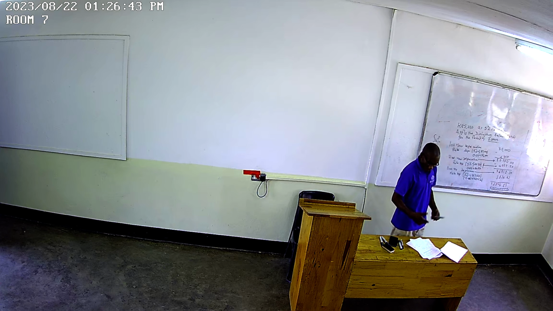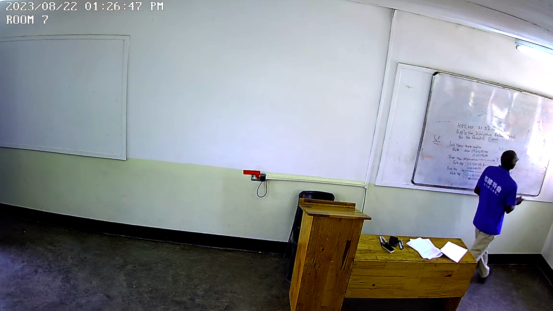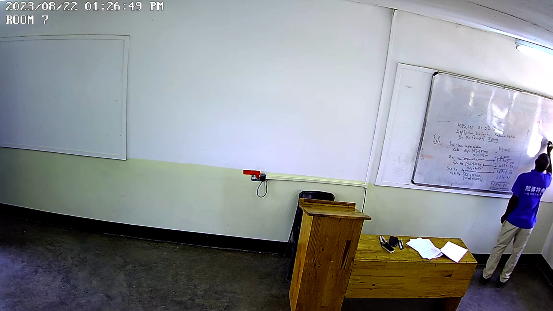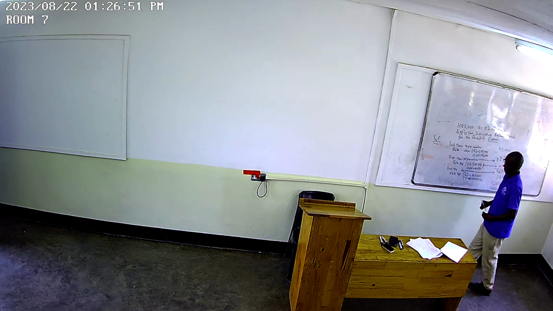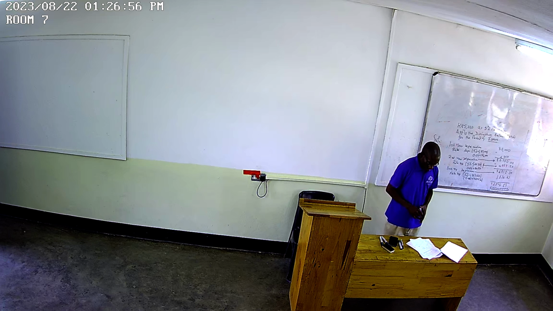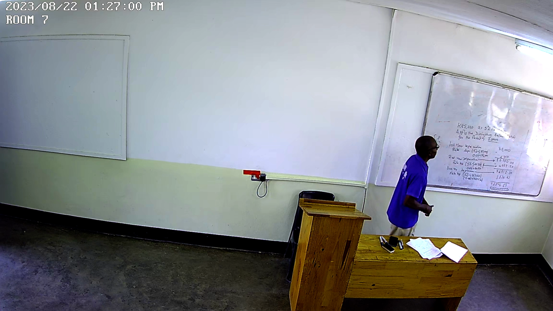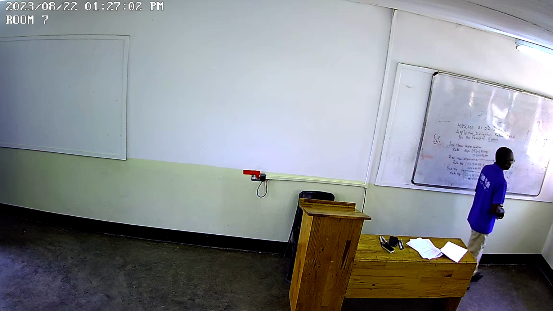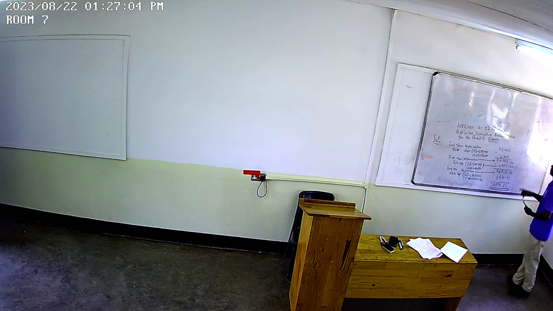And R is the rate, and n is the number of years. Let's find out. What is our C from the system?